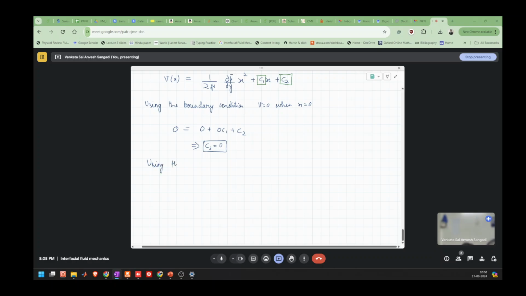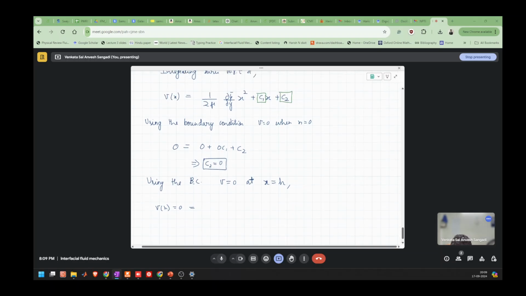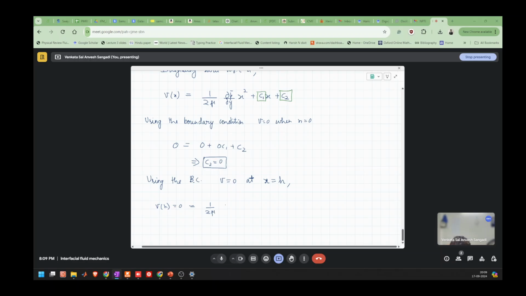Using the boundary condition v equal to 0 at x is equal to h, v of h, which is equal to 0, is equal to 1 by 2 mu dp bar by dy h square plus c1h.